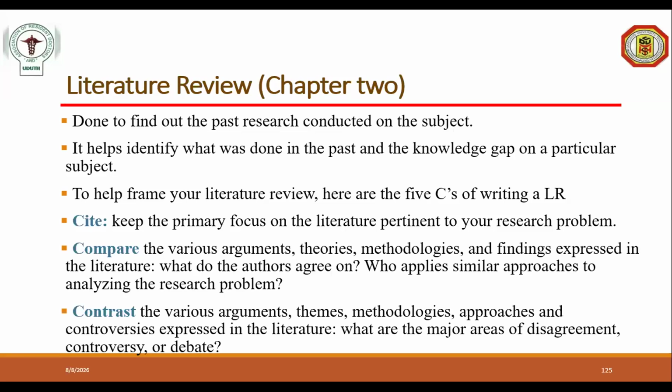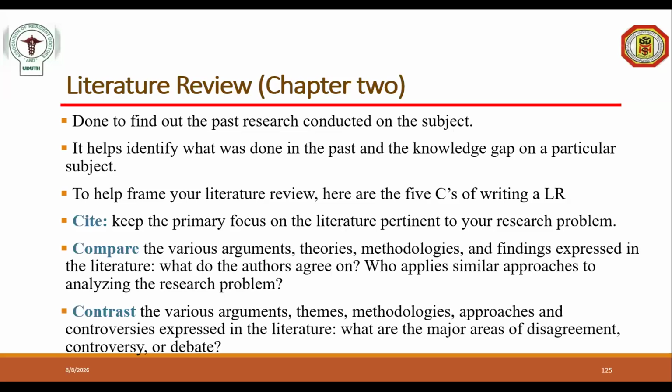Whatever you want to write about malaria and pregnancy, you write it under 2.1. Then your 2.2 will be knowledge of malaria among pregnant women, because that is your first objective.